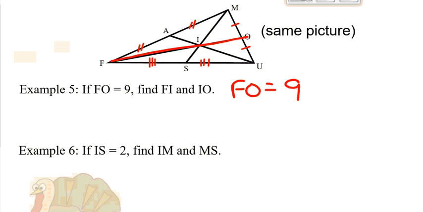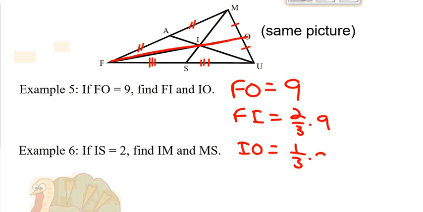That means FI equals 2/3 of 9, and IO has to be the remaining 1/3 of 9. If you do your math, 2 times 9 is 18 divided by 3, which is 6. And 1/3 of 9, 9 times 1 is 9, divided by 3 is 3. And they do add up to be 9.